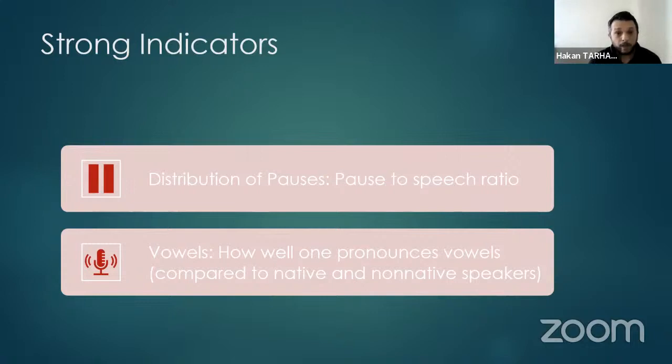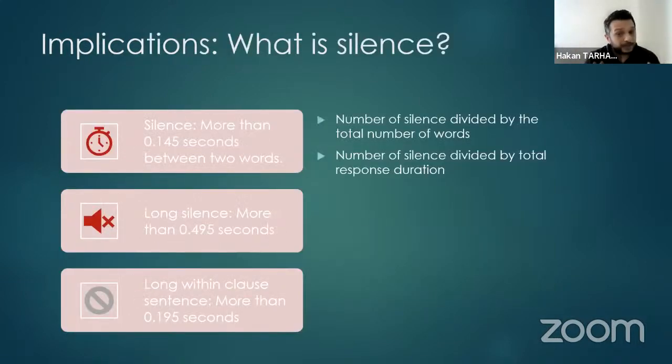Now, these definitions tell us that we first need to understand what a pause is by their standards. So what they consider silence, what they consider speech. ETS publications tell that silence happens when there is more than 0.145 seconds between 2 words.